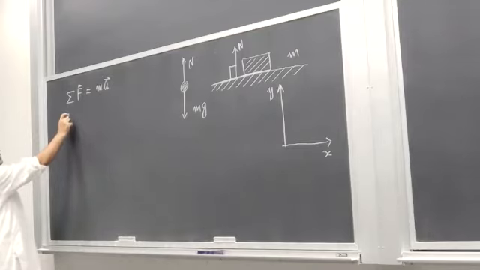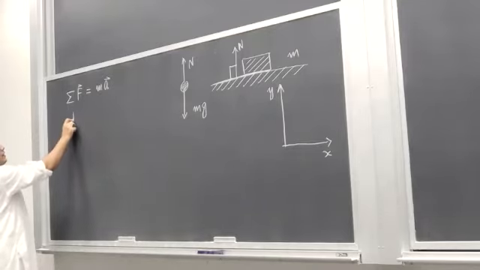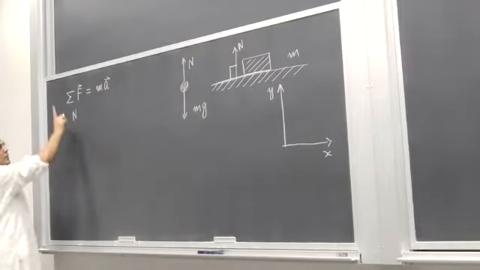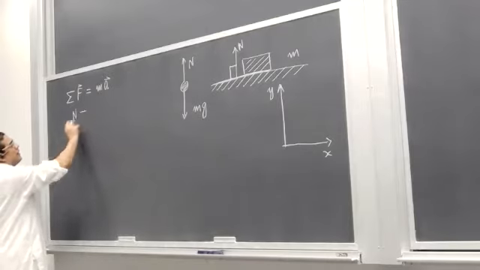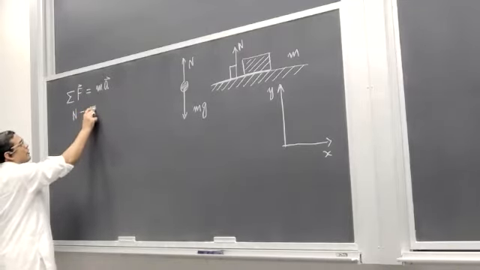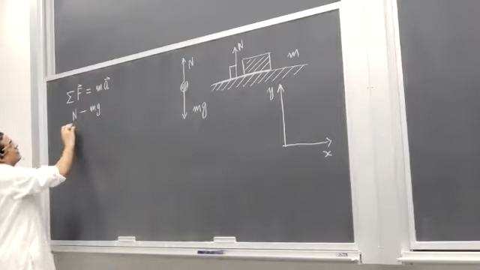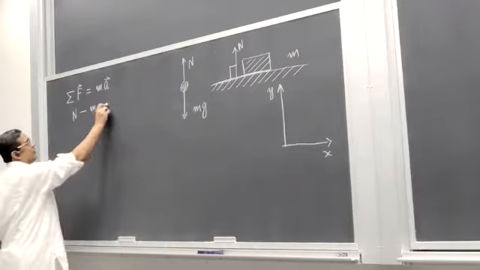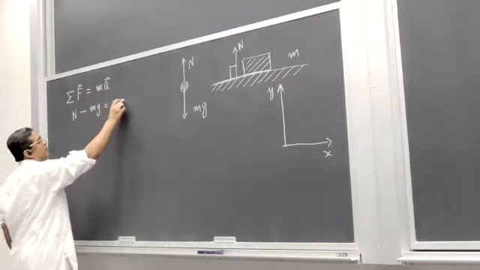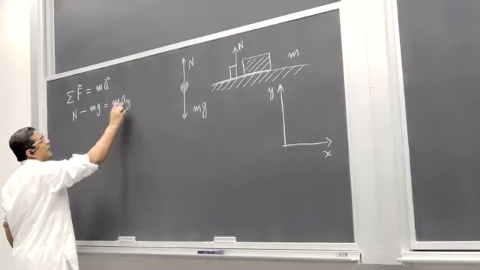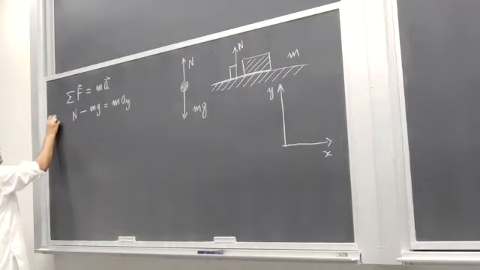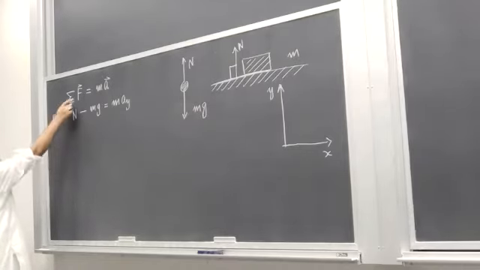That means only the forces that are acting are in the y direction. So I can write, for example, the normal force, positive because it's in the positive y-axis, and the weight or the force of gravity. This is the left side of the upper equation, equals m a_y, the acceleration in the y direction. So I'm writing an equation for just the y component of this equation.